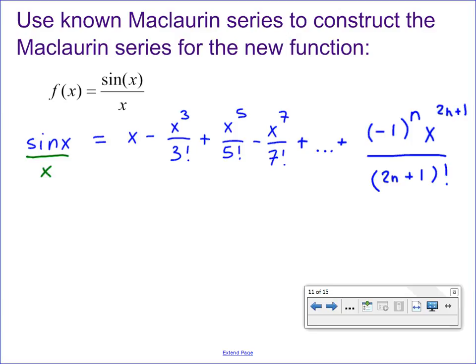Check this. Our operations for polynomials hold true, so we can simply divide both sides by x. And in doing so, I could divide each term in the sum or difference by x.